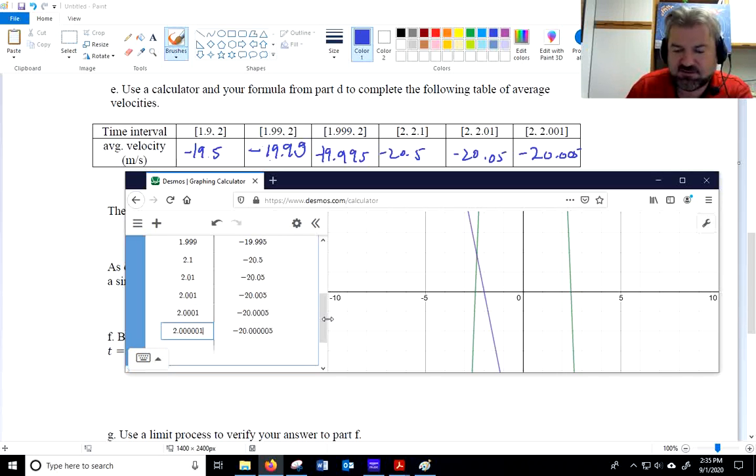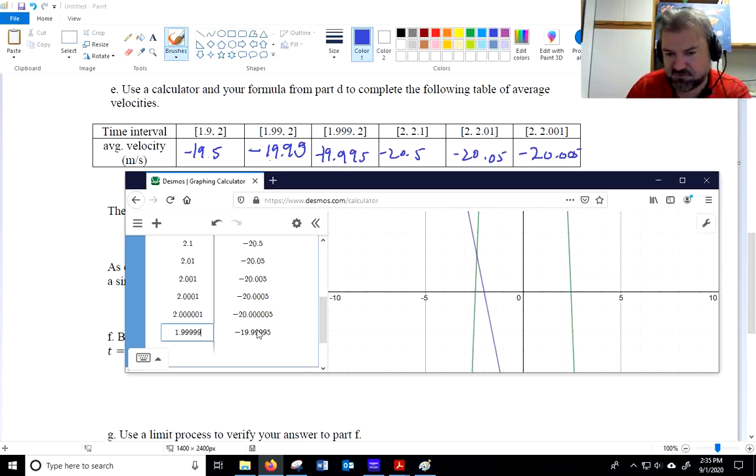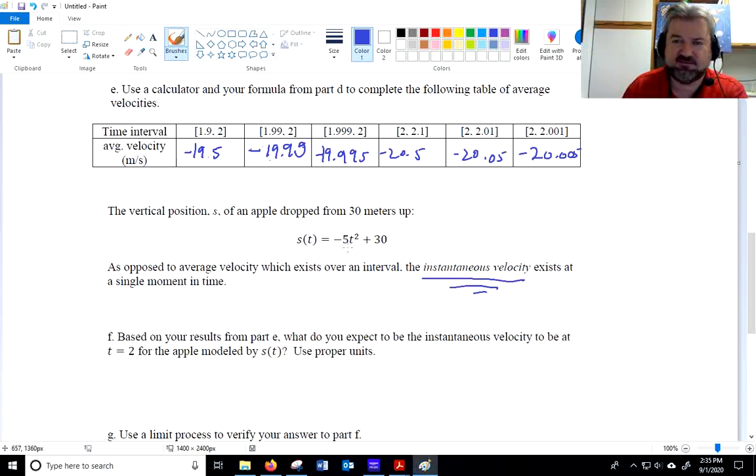It's getting really close. And it appears to be doing that from no matter which direction. If I come to 2 from below, it's also approaching negative 20. So I think it's safe to say that this limit is approaching the same value. So my guess is that this is negative 20 meters per second.